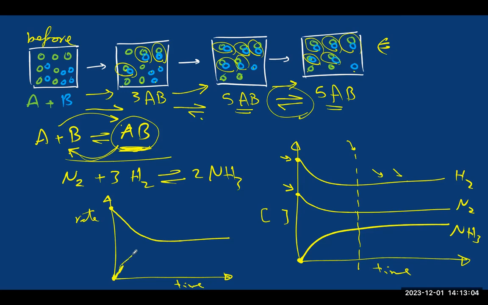Why will it increase? Because the concentration of the product will increase until both reach the same rate. So this is the forward one and this is the reverse one. The forward rate starts at a higher value and decreases by time, and the reverse rate starts at a lower value and increases by time until both reach the same value.